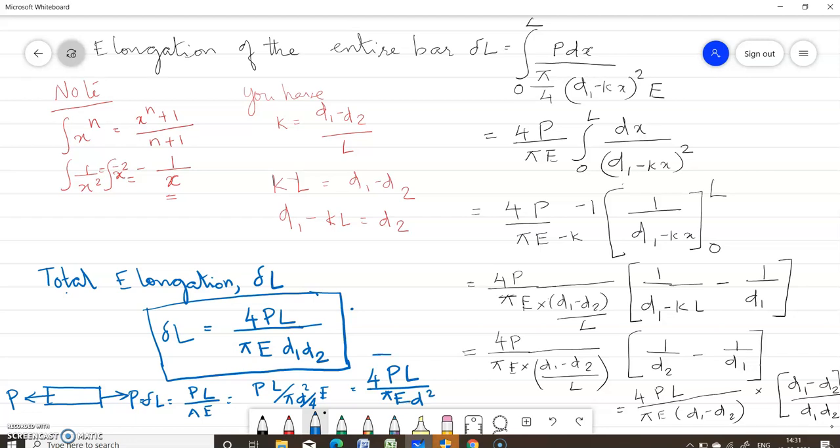Okay, now you can have a comparison here. Delta L equal to 4PL by pi E d square, and here it is 4PL by pi E into d1 d2.